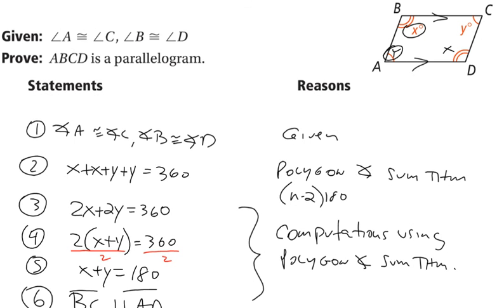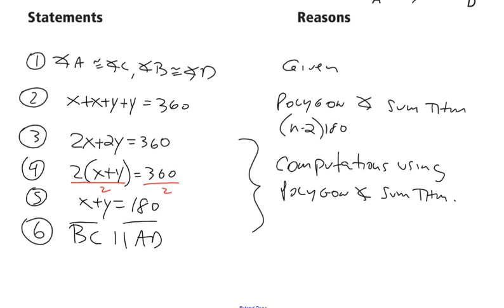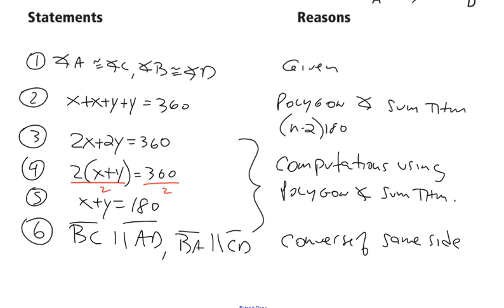Now let's take a look at this x plus y, namely this x and this y. That means that BA is parallel to CD. So you can also say that line segment BA is parallel to line segment CD. Reason for that? Converse of same side interior angle theorem.